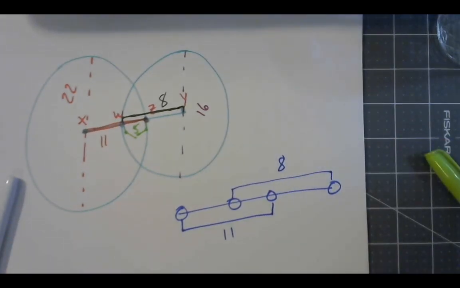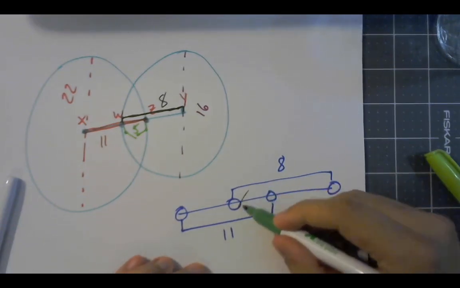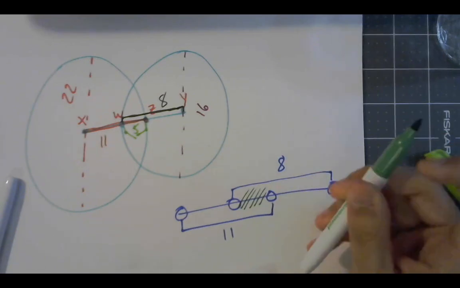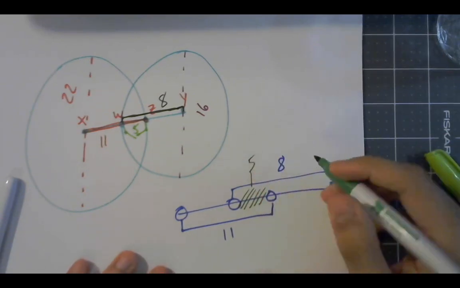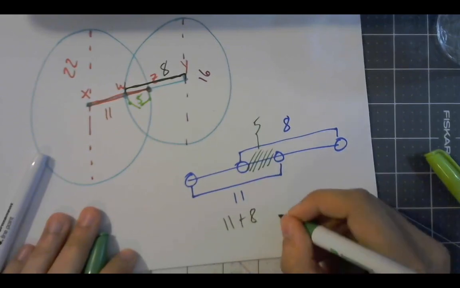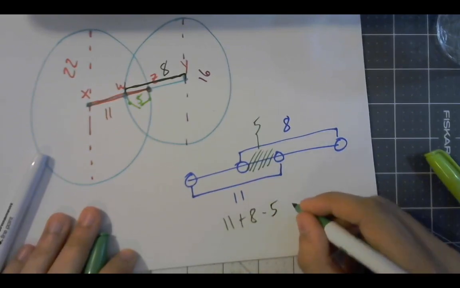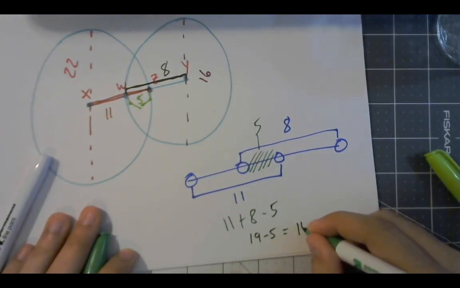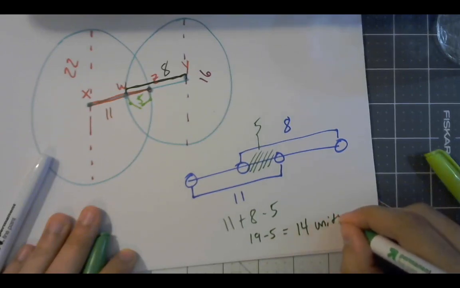So how long is this whole thing? Well, we actually counted this space twice. We counted that space in the 11 and the 8, and that one is 5 long. So to find this, all I need to do is 11 plus 8 minus 5. 11 plus 8, 19 minus 5. So it is 14 units long.